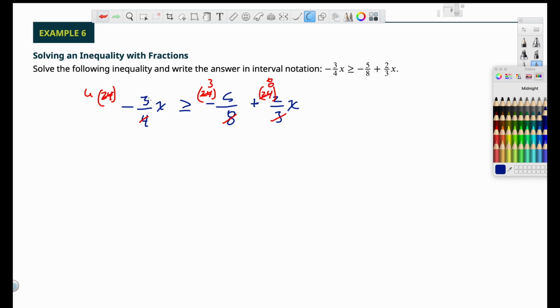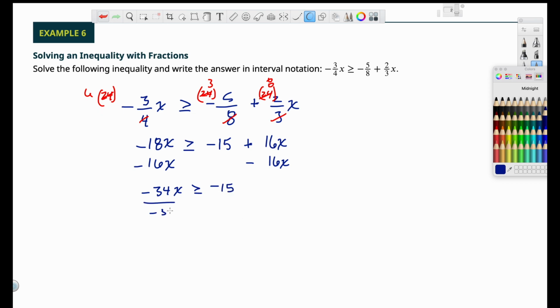Okay, so 6 times negative 3x would be negative 18x is greater than, so we got 3 times negative 5 is negative 15. Then here we have 8 times 2x is 16x. Okay, so let's subtract 16x from both sides. So that gives us negative 34x is greater than or equal to negative 15.